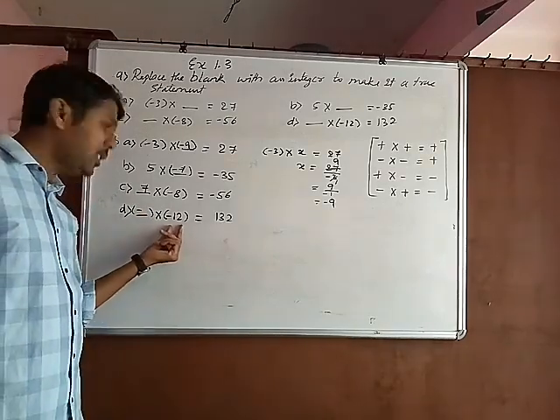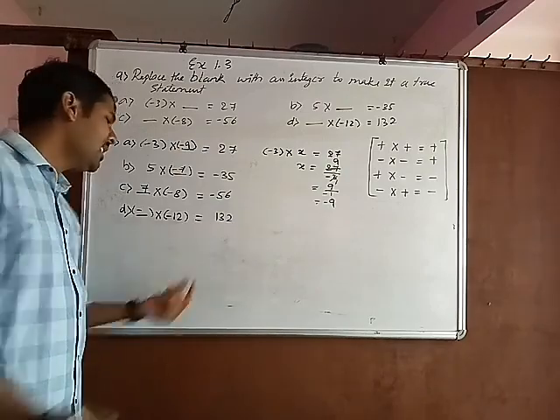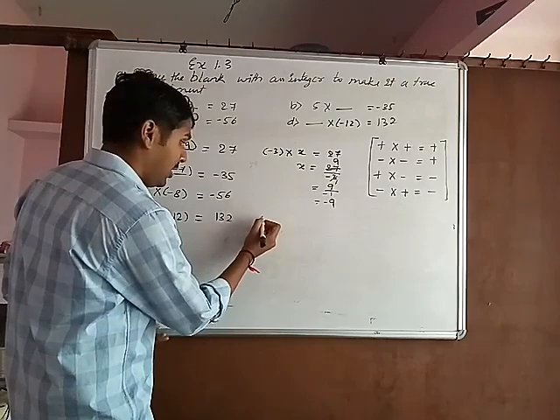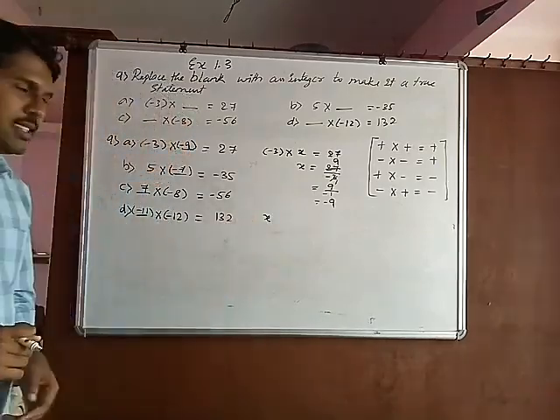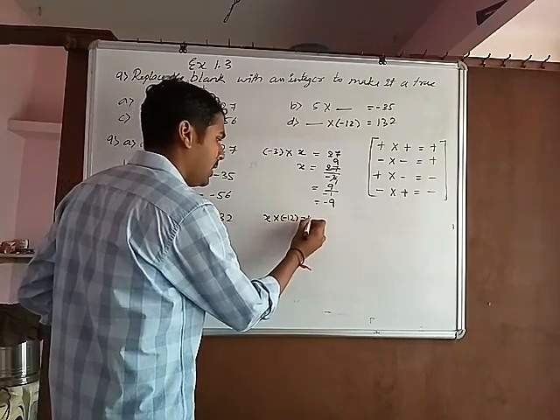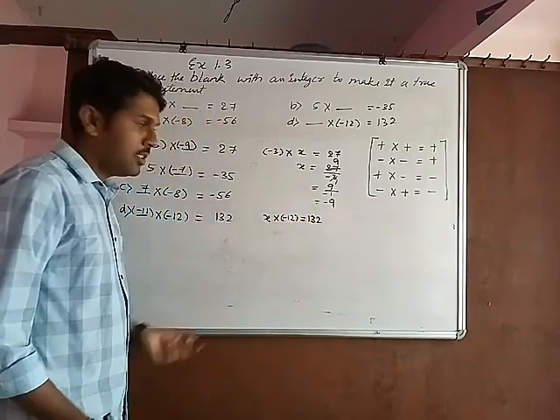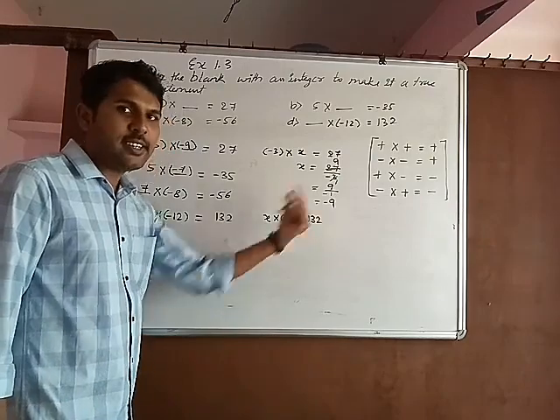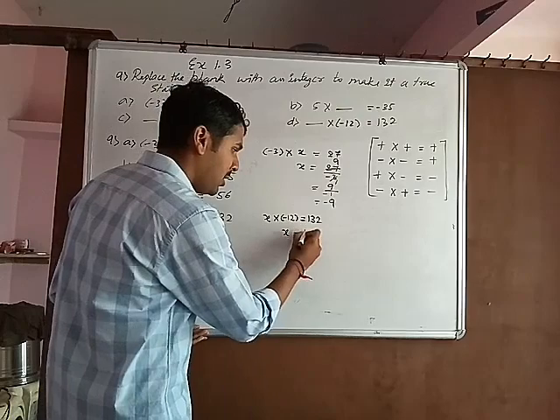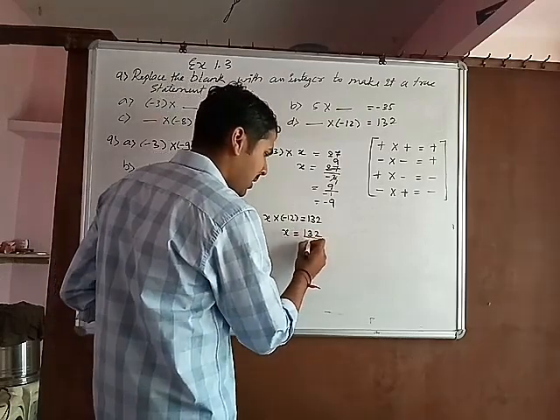Or otherwise, if you know the 12 table, you will get the answer as 11. Or otherwise, just divide: you don't know that integer, x into minus 12 equals 132. So shift this minus 12 to right side, it goes to denominator, no. That is x equals 132 by minus 12.